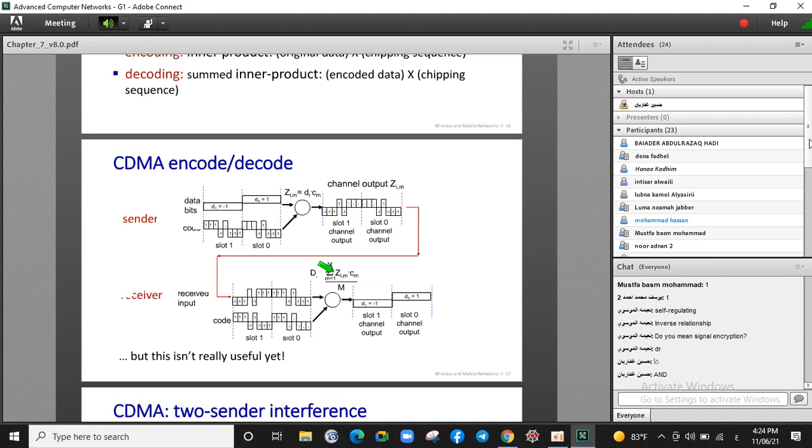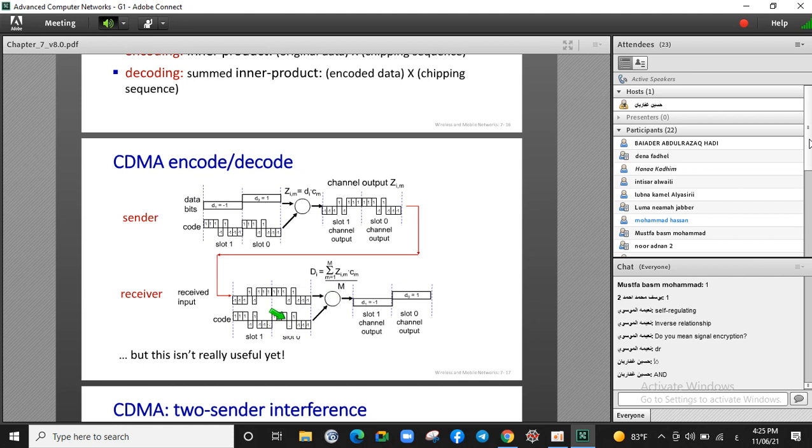And then I'm calculating the summation of them, and finally I'm dividing the result by n. What is n? N is the total number of bits in my code. My code is 8 bits, so n here is 8. The summation of this data after AND is 8, and 8 divided by 8 is 1.